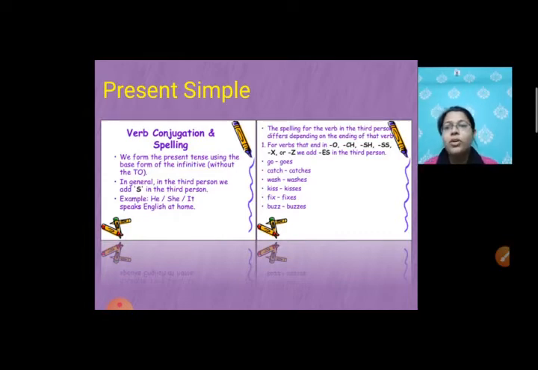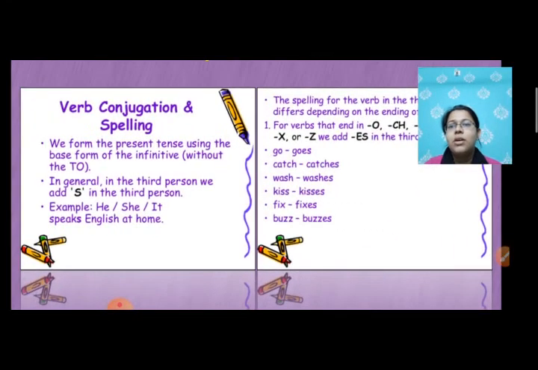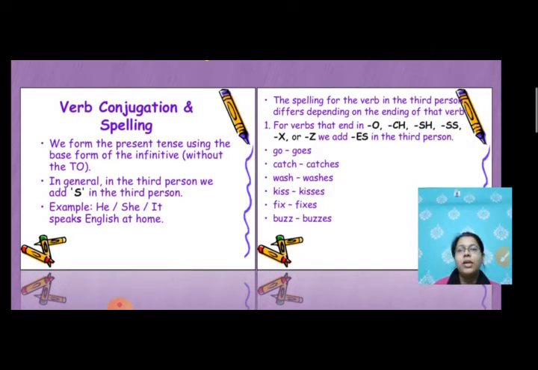The spelling for the verb in the third person differs depending on the ending of that verb. For example, if the verbs end in o or ch, sh, ss, x or z, we add es in the third person. So when we are writing these kinds of words which end in o, ch, sh, ss, x, z, then we are going to add es along with it.